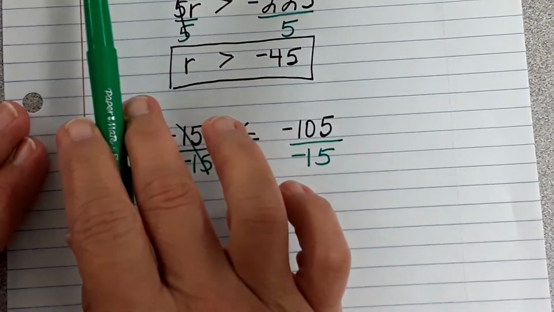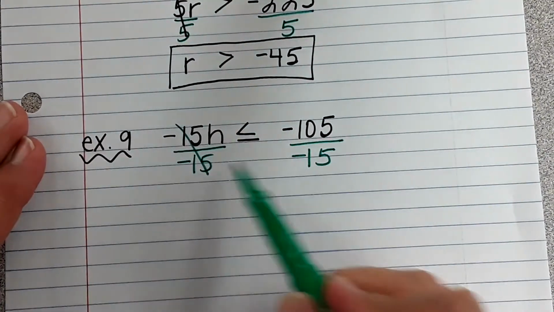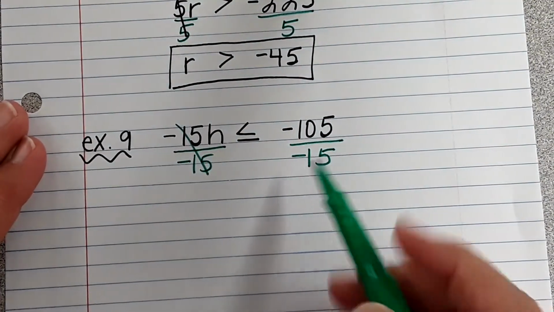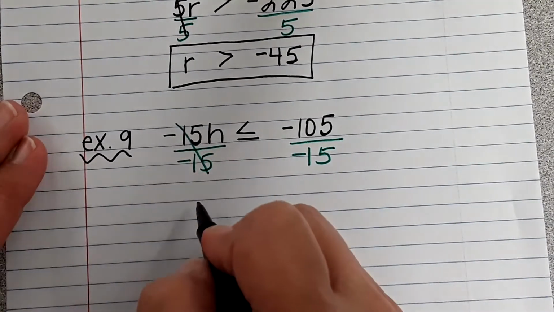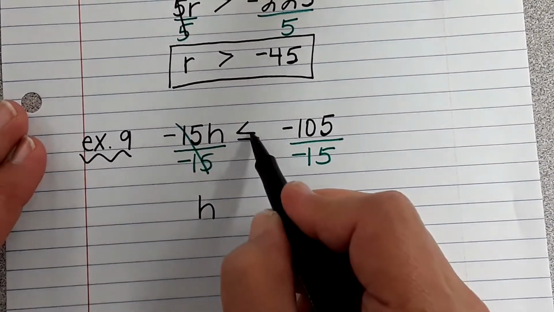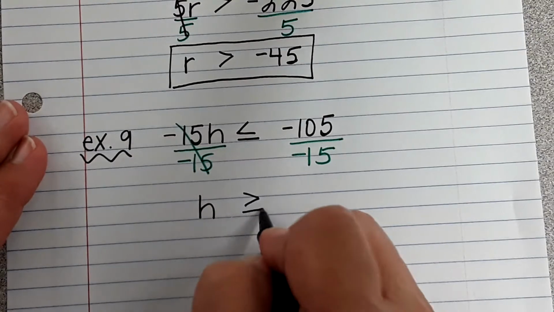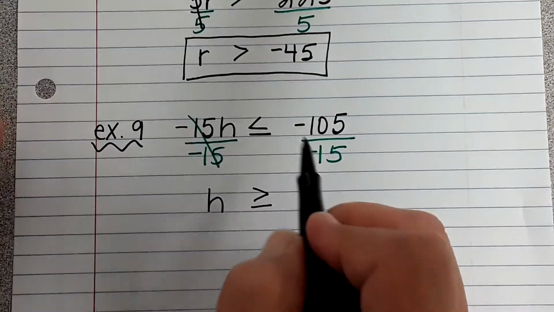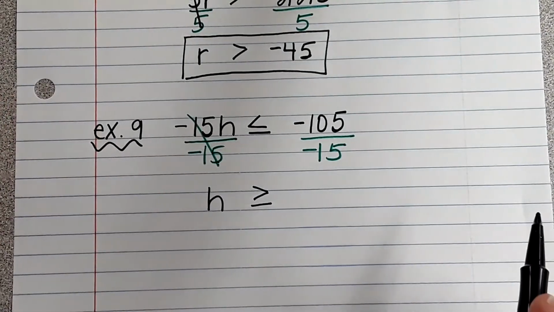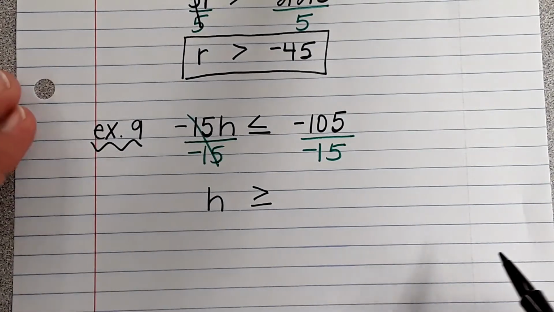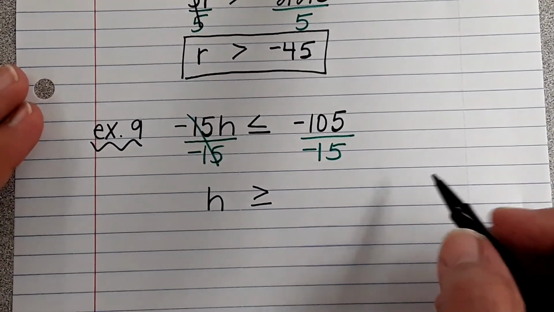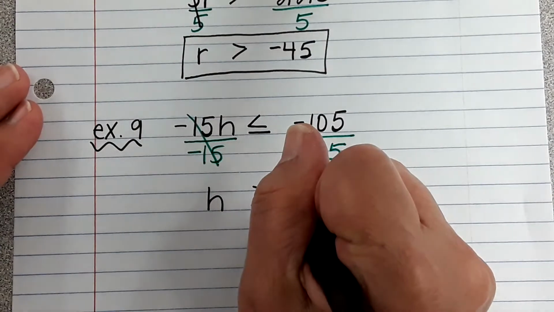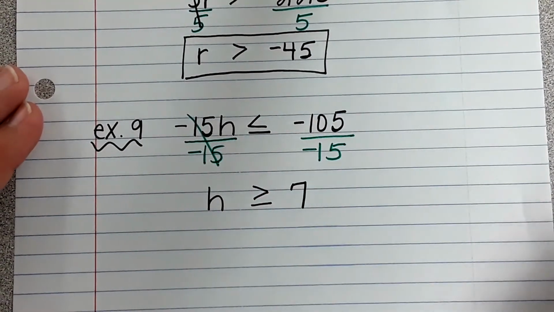So it says if I divide by a negative number, did I divide by a negative number? I did. So that means the inequality flips because the number that I divided by was negative. And -105 divided by -15 is +7.